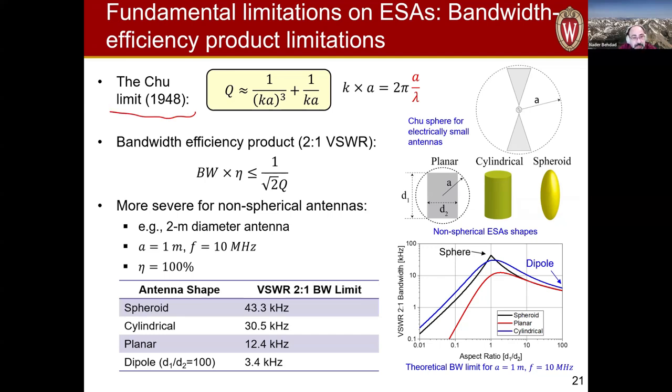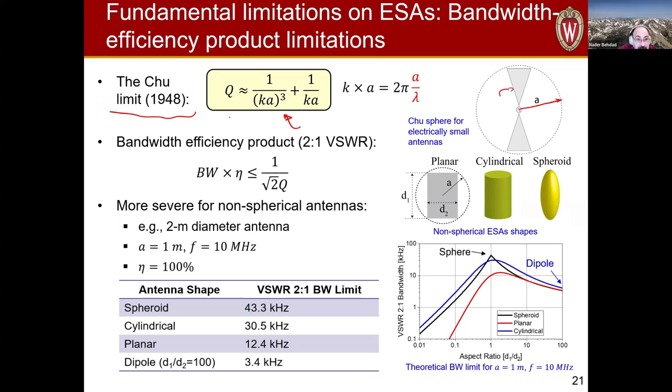There's the famous Chu limit, which says that if we have an omnidirectional antenna, without specifying the type of antenna, that fits in a sphere with a radius of a, so imagine this is my antenna and it fits in a sphere with radius a, he came up with a formula that puts a lower bound on the quality factor of this antenna, and an upper bound on its bandwidth.